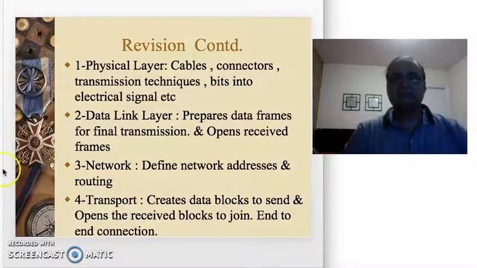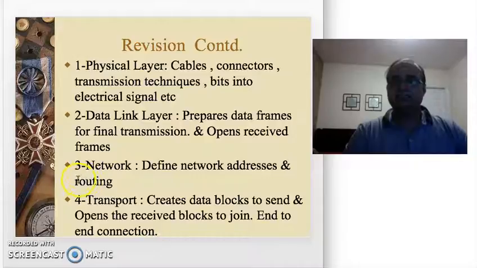As we discussed, we start its numbering from physical to application. So first one is physical layer. Physical layer is defining cables, connectors, transmission techniques, and how bits are transmitted on the actual medium. Then the next one is data link layer. Data link layer prepares, as I discussed before, data frames for final transmission and opens received frames.